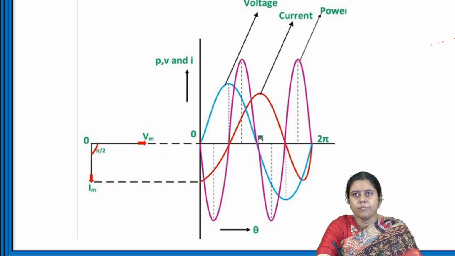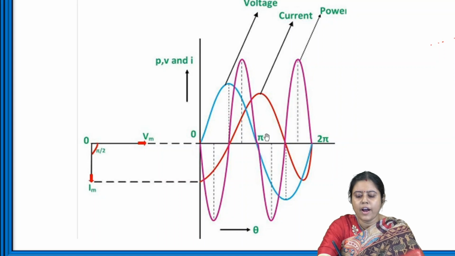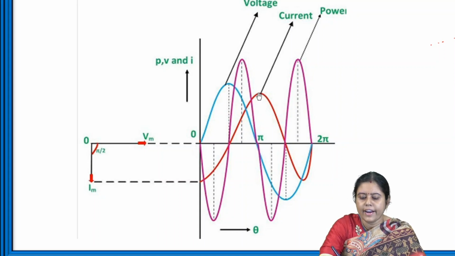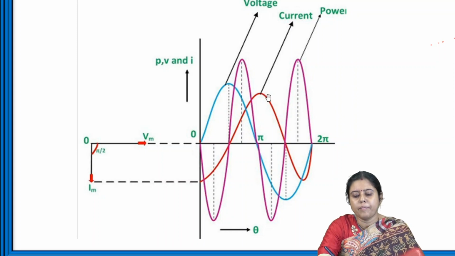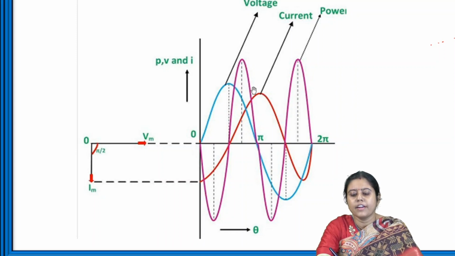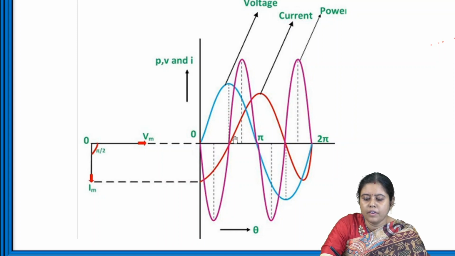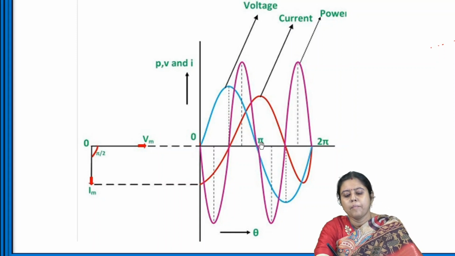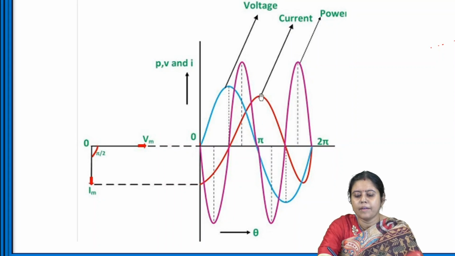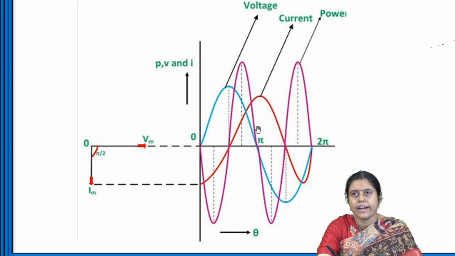Similarly, the voltage, the blue one, becomes zero again at 180 degrees, but the current will be zero at 270 degrees. It is similar for the peak also. The voltage gets its peak at 90 degrees, but the current, the red one, gets its peak at 180 degrees.